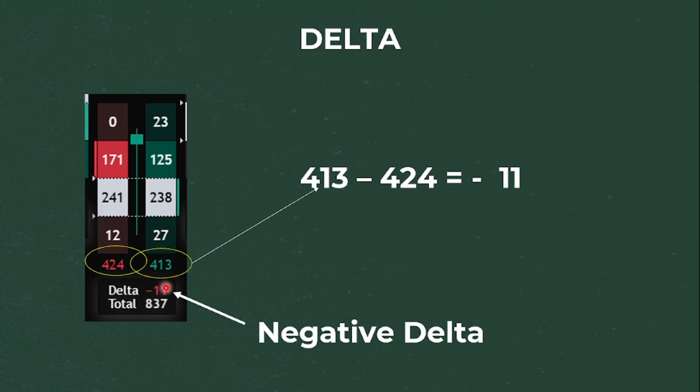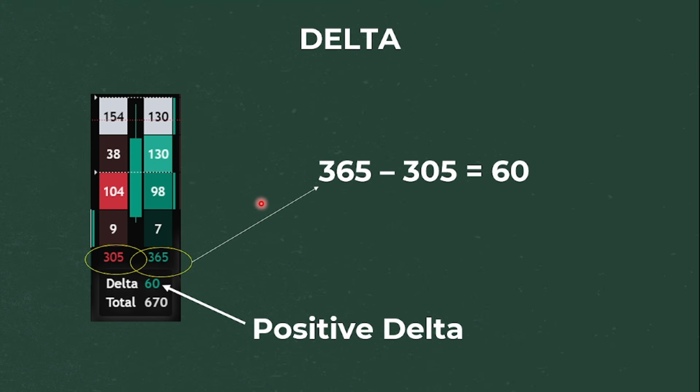Total volume of the buyers at the right side is 413, and the total number of sellers is 424, and we will get negative 11. As you can see here, delta is negative 11. It's the negative delta.